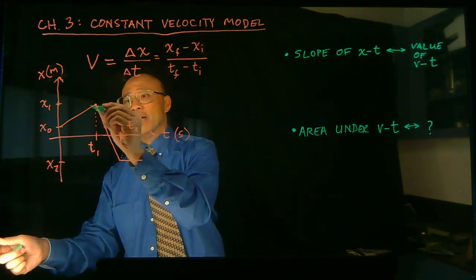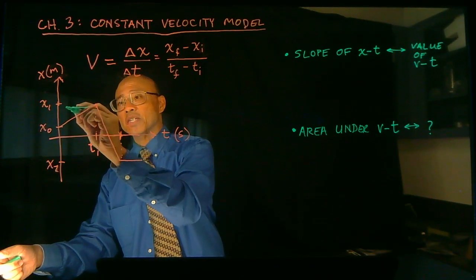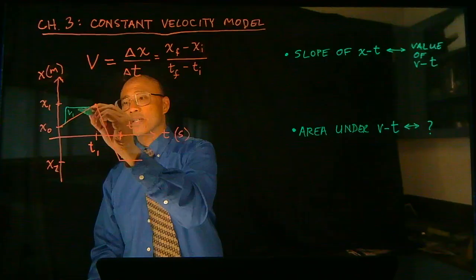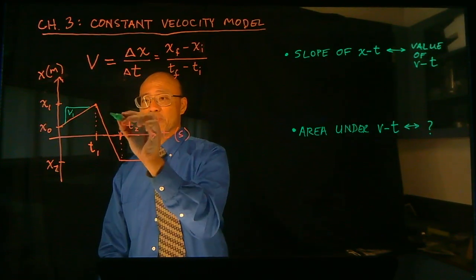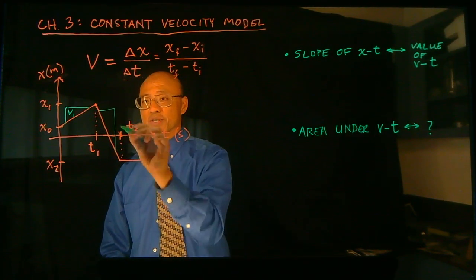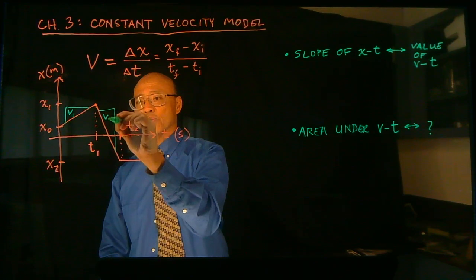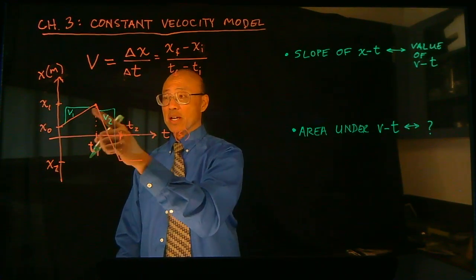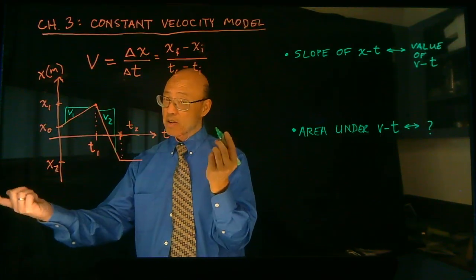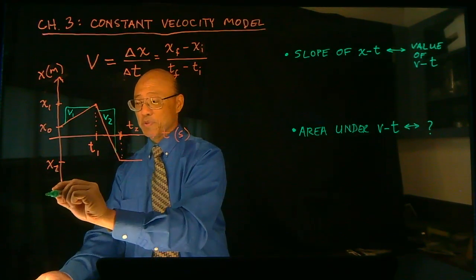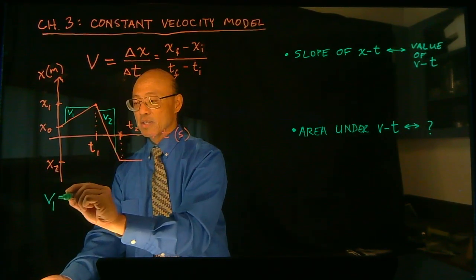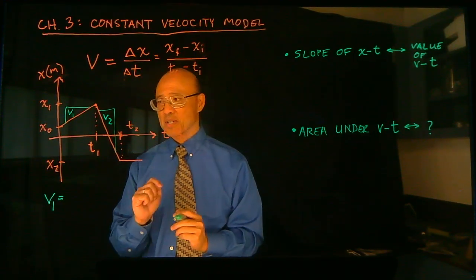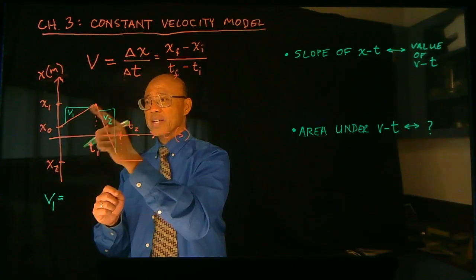Why is that? Well, between t1 and t2, I have a certain slope. I'll call that v1. The slope of the graph is v1. Over here, I have a different slope. I'll call that v2. I'm going to write this out. For v1, I have to use a time interval that corresponds to a change in position. Well, I've got x1 and x0.